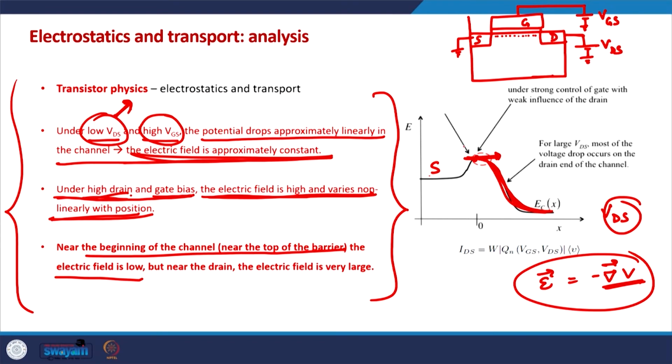And when we take the average velocity in the barrier, this thermal velocity plays an important part, which we will see in the coming class. Thermal velocity is the velocity that is just due to the thermal motion of the carriers.